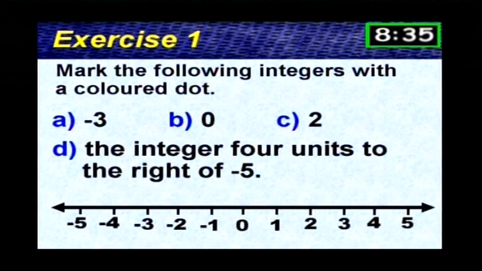To the receiving teacher, these are the activities that the students will be doing from now up until the end when our lesson ends. So we have A, -3, B, 0, C, 2, and D, the integer 4 units to the right of -5.